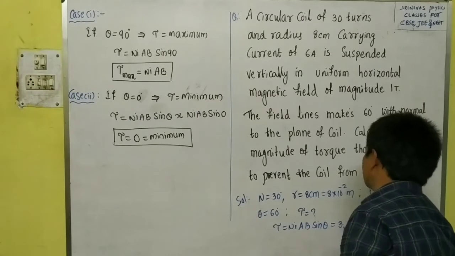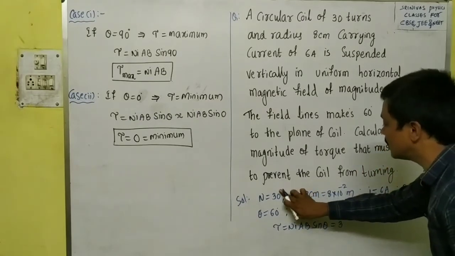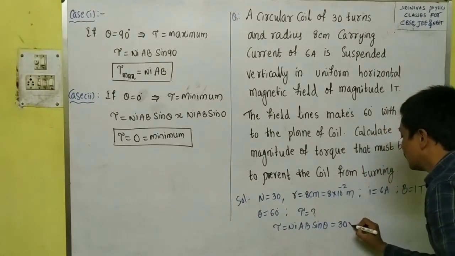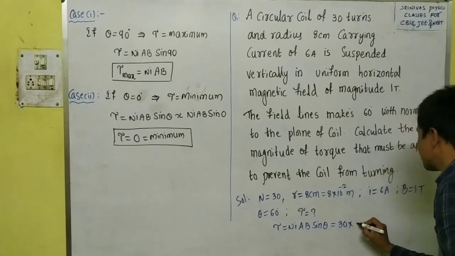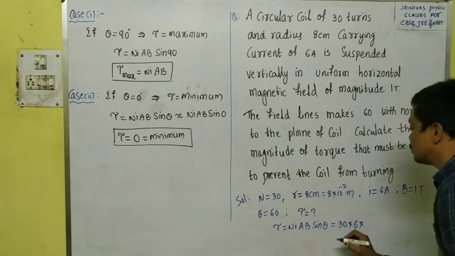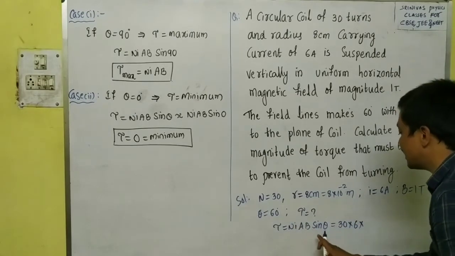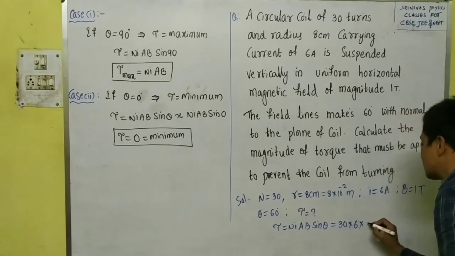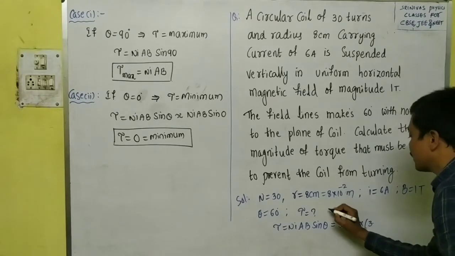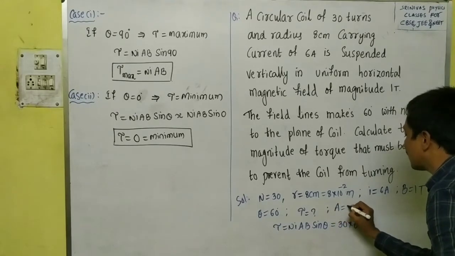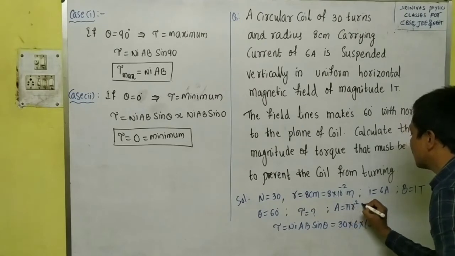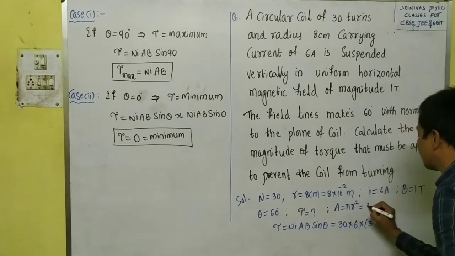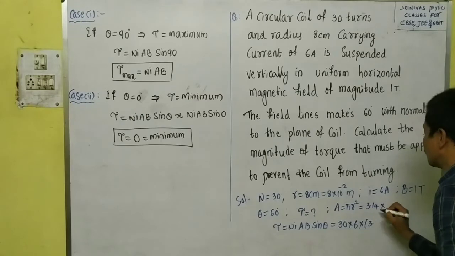Now substitute all values. N is 30, the number of turns. Into current, 6 amperes. Into area of the coil. The coil is in circle shape, so the area is pi r square, where pi is 3.14.